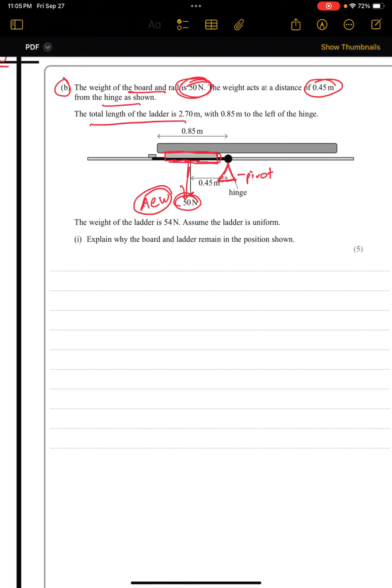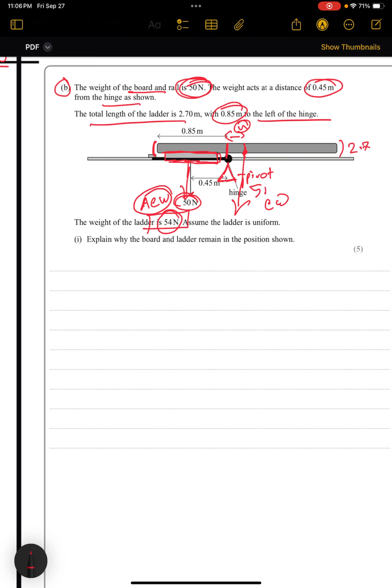The total length of the ladder is 2.70 meters. So this is the total length, which is 2.7, and 0.85 to the left of the hinge. The weight of the ladder is 54 Newton, and the weight will act at the middle point, so it will be in this position. Now we have to find out the distance from the hinge so that we can use this clockwise moment.